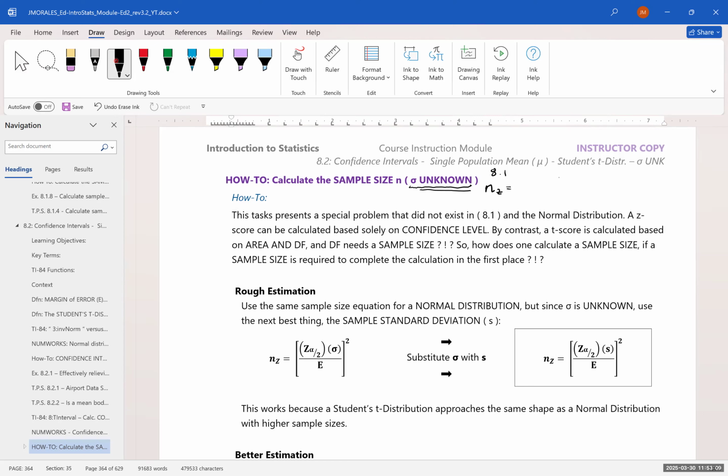Sorry, this was the Z alpha 2 score times the population standard deviation divided by margin of error, and all of that was squared.